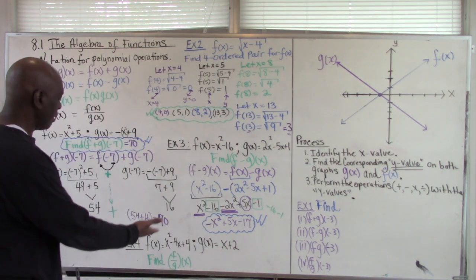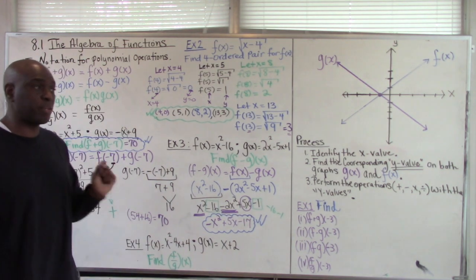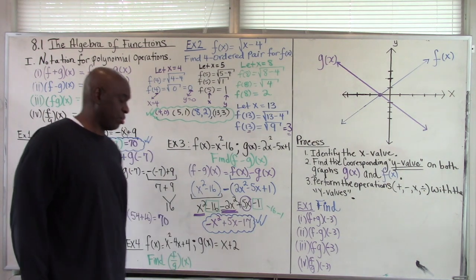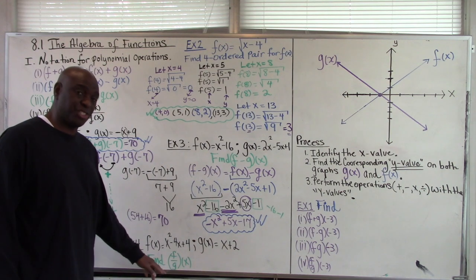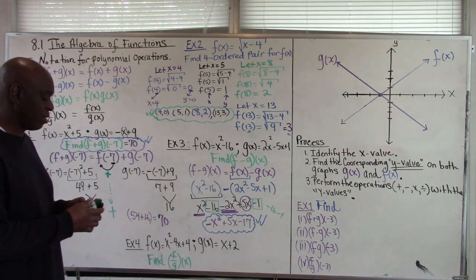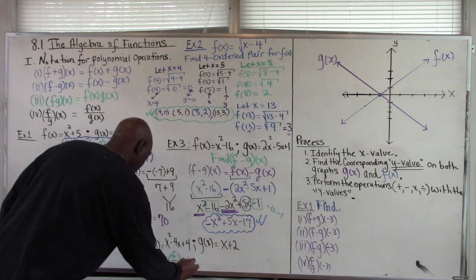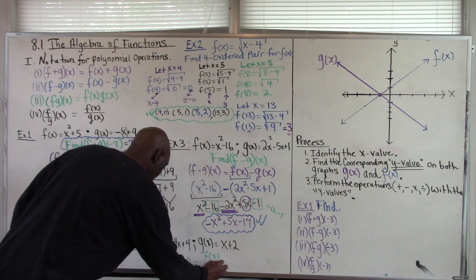Alright. And then we have example 4. We have f of x, which is x squared minus 4x plus 4, and g of x, which is x plus 2. And we want to find f divided by g of x. Alright, well this is the same thing as f of x divided by g of x.